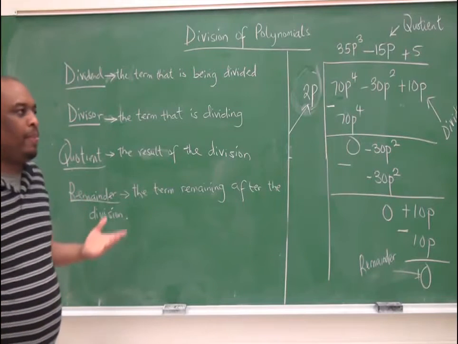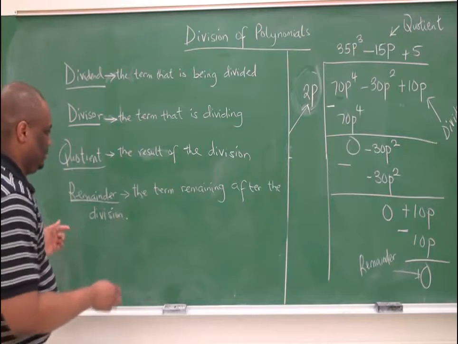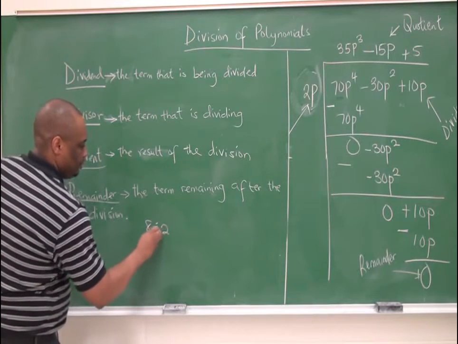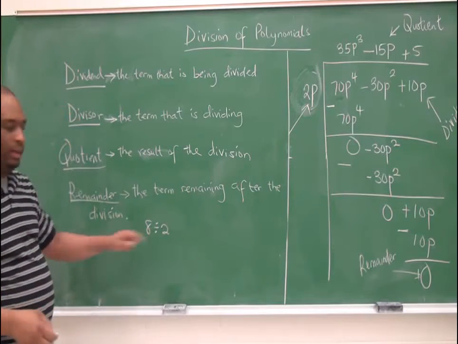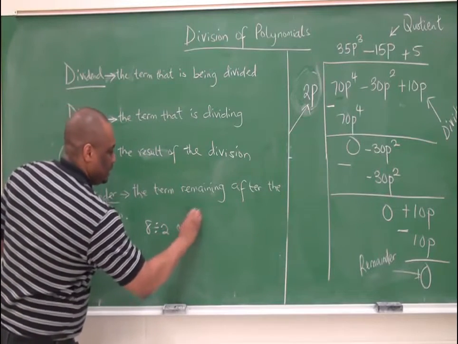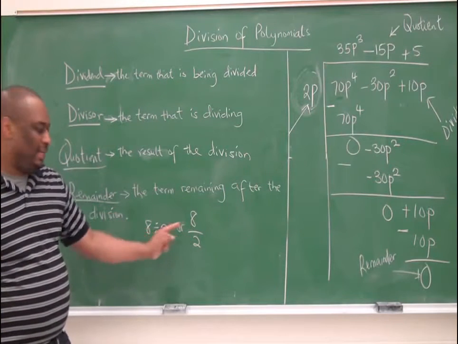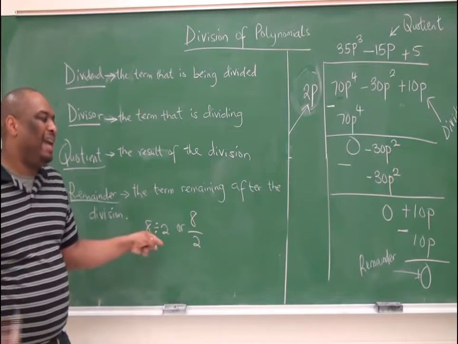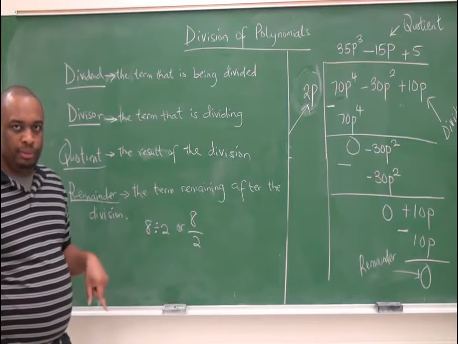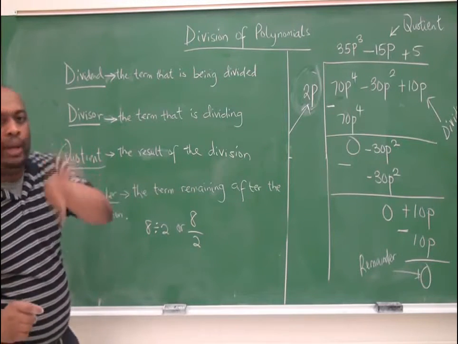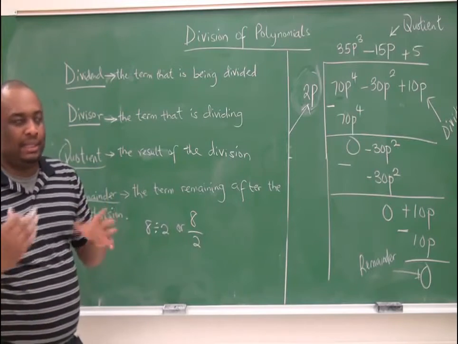Let's look at an example. When you have 8 divided by 2, you can write it this way, or you can say 8 over 2. This is read as 8 divided by 2, or 2 divide 8. Now, we shall be using the correct syntax.